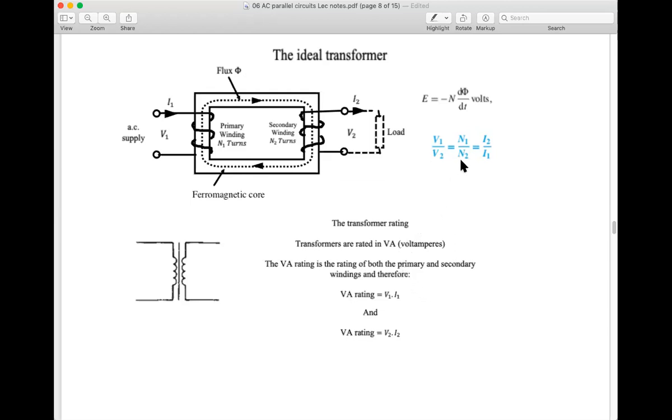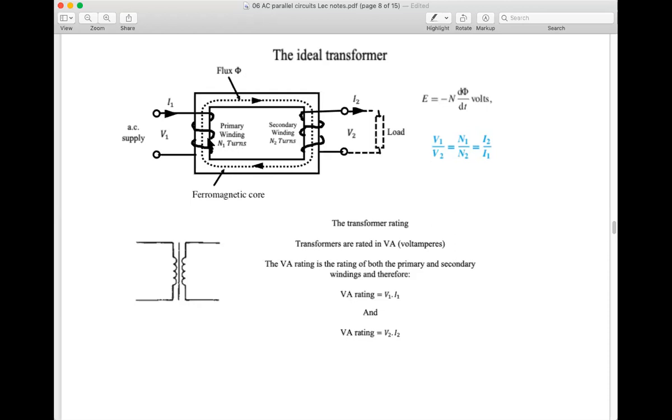And as you probably know, if we have a different number of turns on the two windings, we can cause this transformer either to step voltage up or down. So if we have more turns on the primary side than on the secondary side, say 10 to 1, then if we put 100 volts on the primary, we'll get 10 volts out of the secondary.